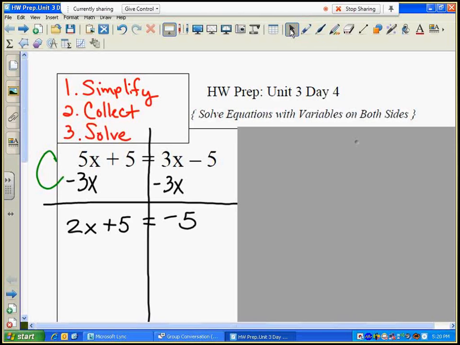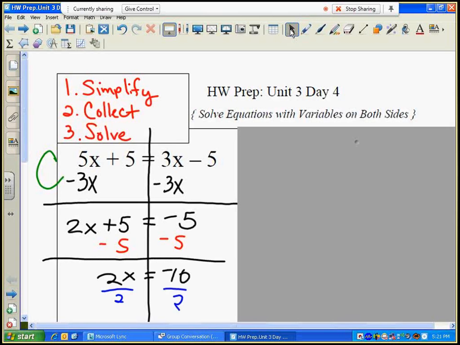Once you collect your variables, you can see that what we basically have here is just a two-step equation. So now it's time to solve by adding and subtracting away first, and then multiplying and dividing away second. So subtract the 5 from both sides. I end up with 2x equals negative 10. Then I want to divide away my 2.